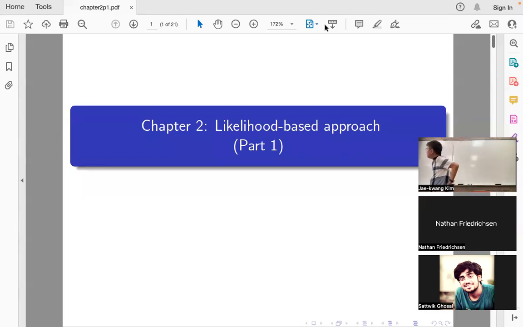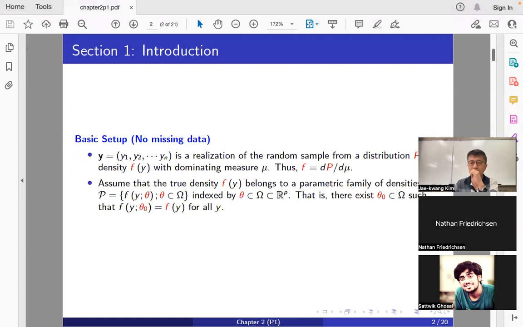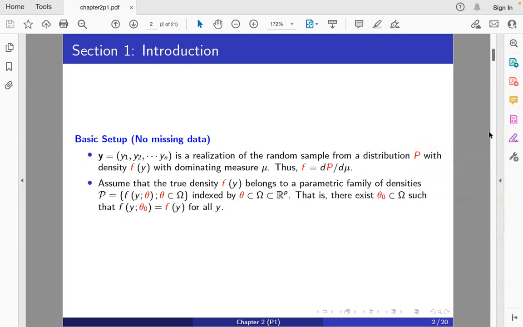Hello everyone. So we're going to study the likelihood-based approach. Today, before we move on to the missing data, we'll study the basic contents for the likelihood method with no missing data.